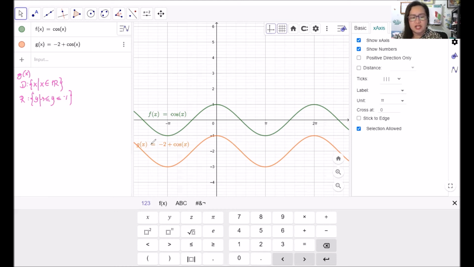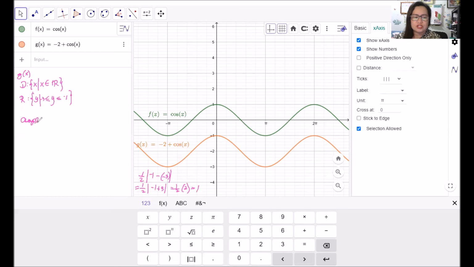What about the amplitude? Is it still the same? Let's see. The highest is -1, or the maximum value, while the minimum value is -3. We get the average, so we multiply this by 1/2. So we will have 1/2 of -1 plus 3. Therefore, we will have 1/2 of +2. So the amplitude is still the same.